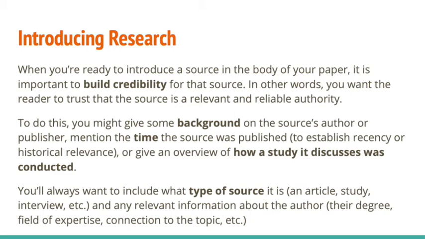You might also want to give an overview of how the study or experiment was conducted if you're talking about a scientific journal describing that experiment. You always want to describe what type of source it is and any information about the author that would help the reader to trust and understand why you're using that person's information.